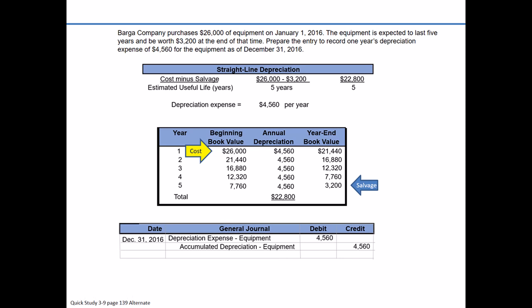Now I said contra asset account. When I mention asset, it is related to an asset account, in particular the equipment account, but there's a contra added onto that, which means it has the opposite normal balance. So while equipment is going to be increased with a debit, this contra asset account, accumulated depreciation, is going to be increased with a credit. And that is our journal entry.